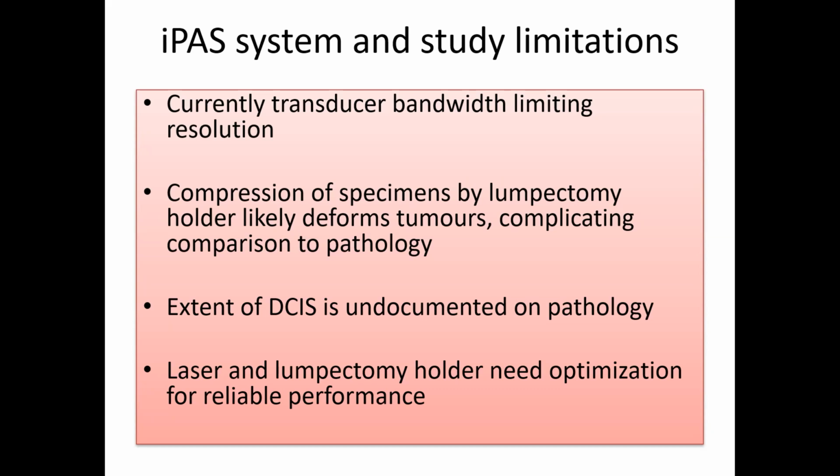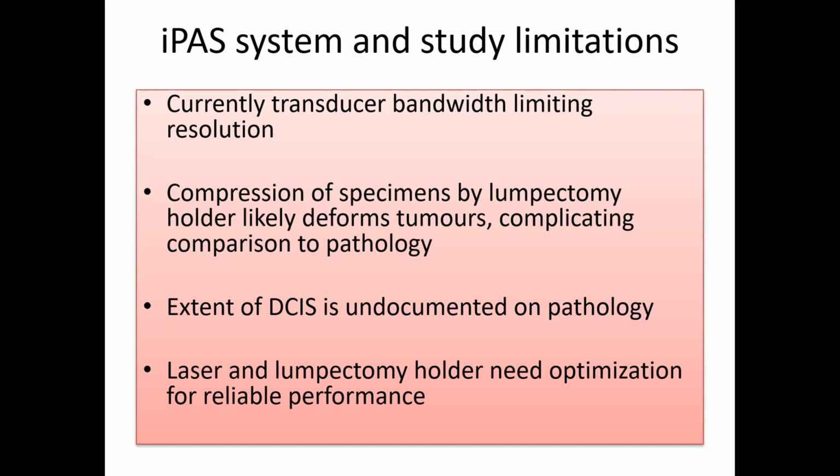And that then complicates our comparison to both preoperative MRI as well as pathology. And this is quite indicated in the fact that our diameters are significantly overestimated, while our volumes are not. So you can imagine, as you compress the tumor, you're going to get larger diameters, but the volume will tend to stay the same.